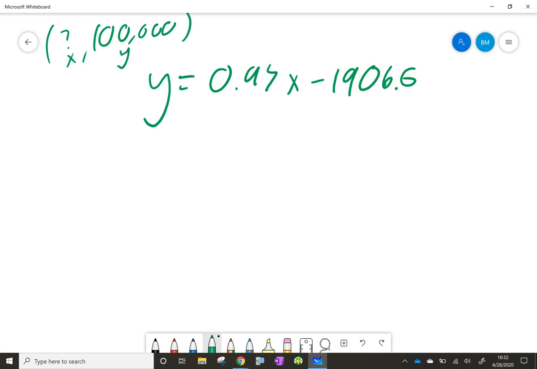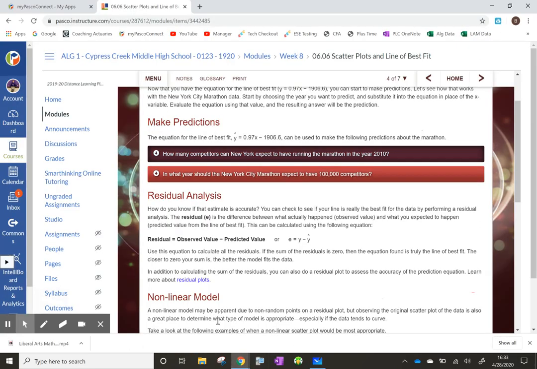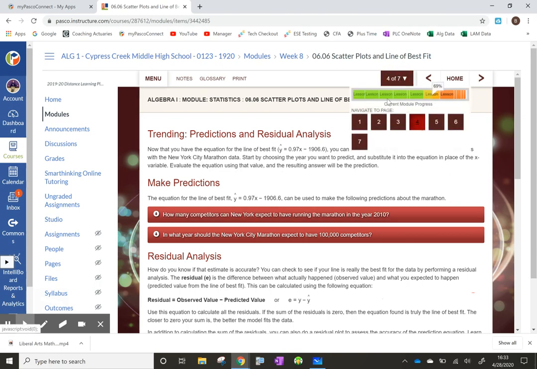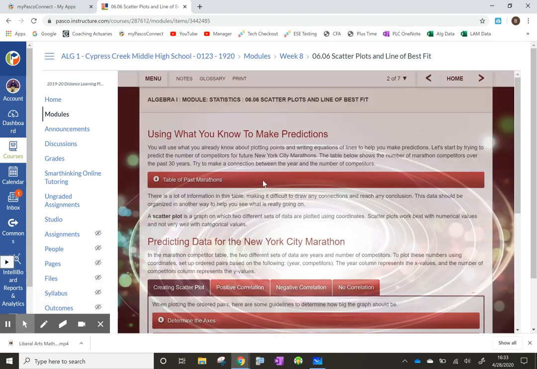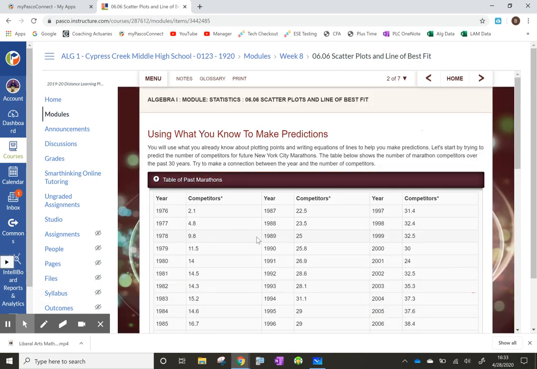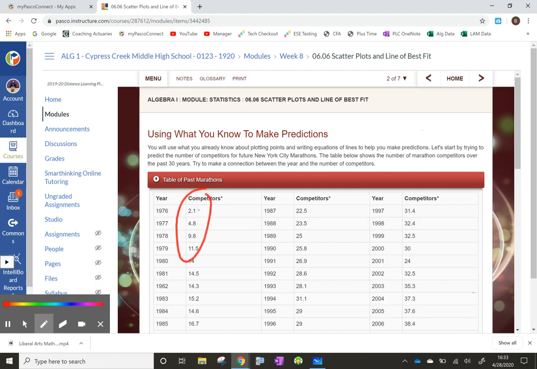Well, keep in mind that since we're plugging in 100,000 for y, we're not actually plugging in 100,000. What we're doing is we're going to plug in 100 for y. Because if you remember, the original data points that we were given back on page 1 or page 2, the original values, they all gave us the number in thousands.